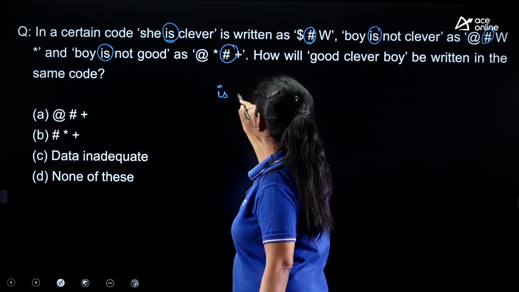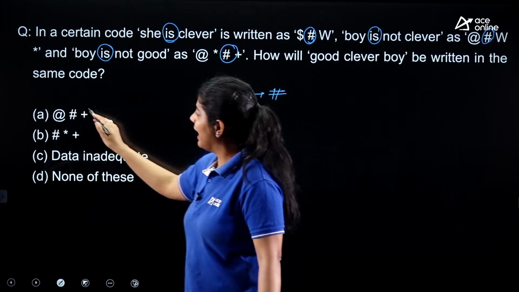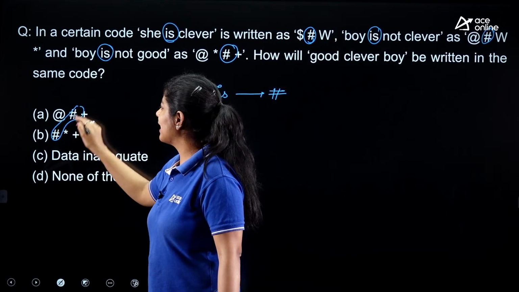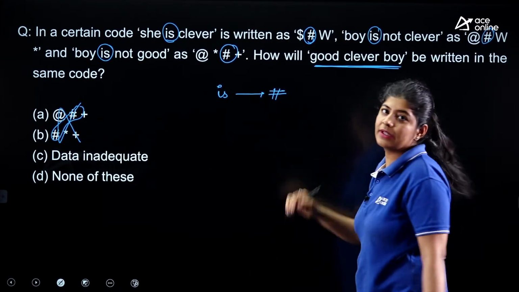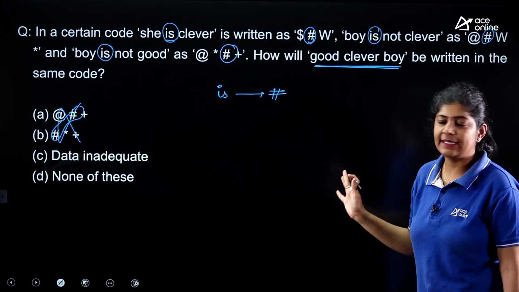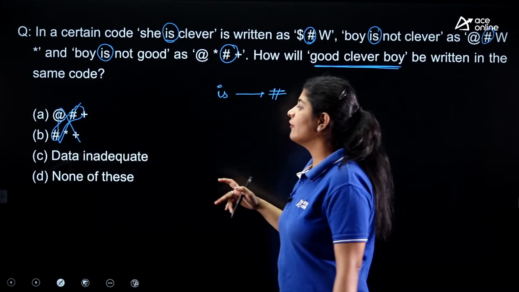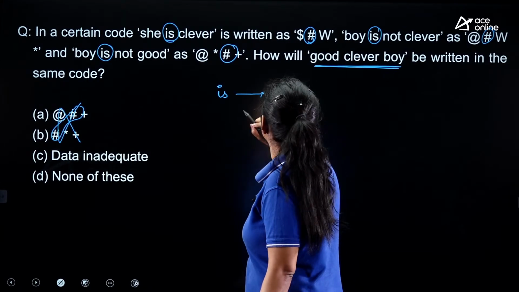So for 'is', I need hash, right? Okay. And in both of these, we are having hash and we are not having the word 'is' in the asked question. So these two options are directly eliminated, right? Okay. So now we are only left with option C or option D. Okay, next.